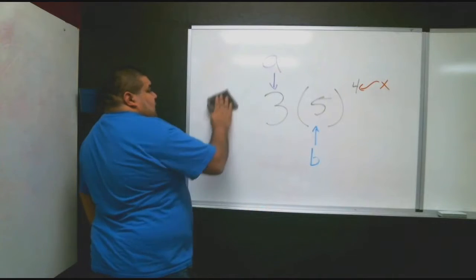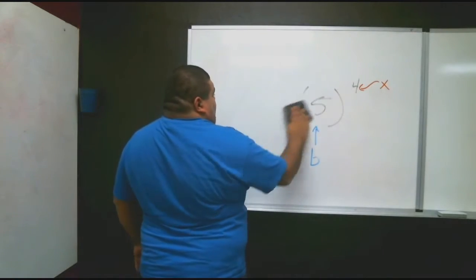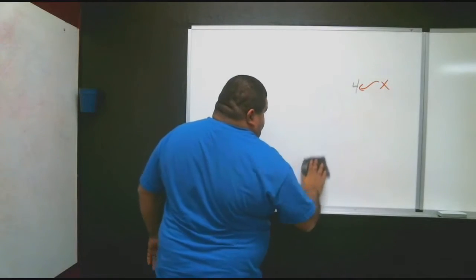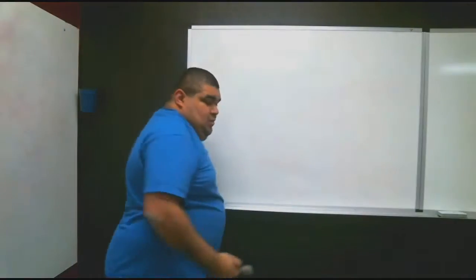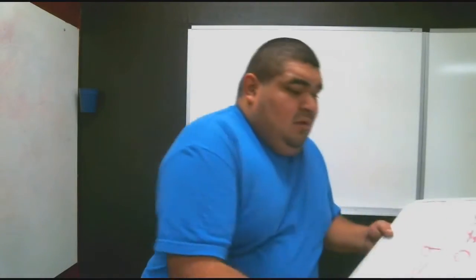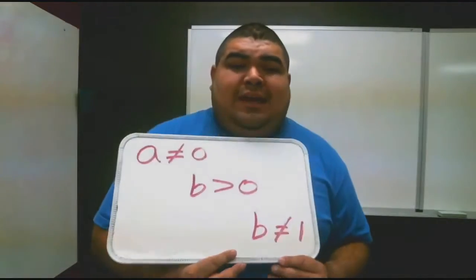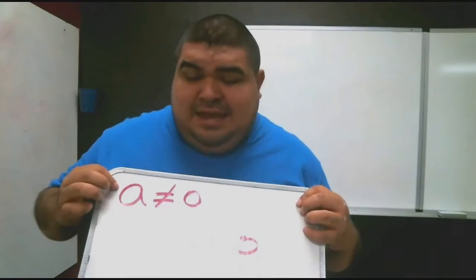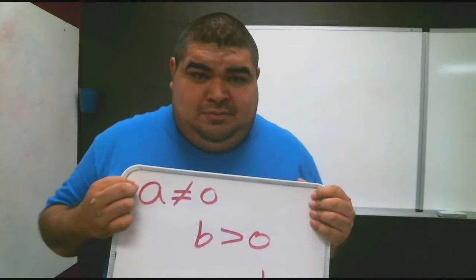Now that we have established what the equation is about, we can actually make some assumptions about it. First things first, in order for an exponential function to actually be a function, a cannot be 0.